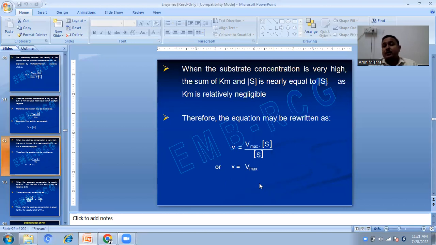When the substrate concentration is very high, the sum of Km and S is nearly equal to S, as Km is relatively negligible. Therefore, the equation may be rewritten as V equals Vmax multiplied by S divided by S, or V is equal to Vmax.